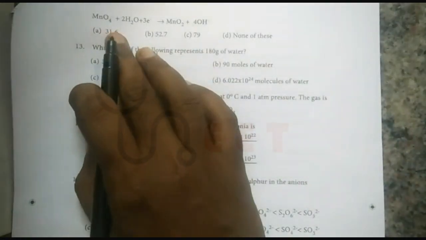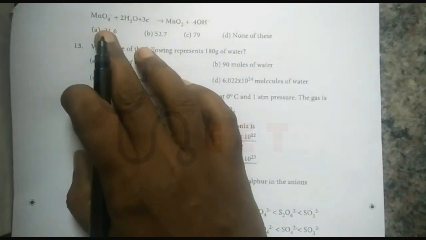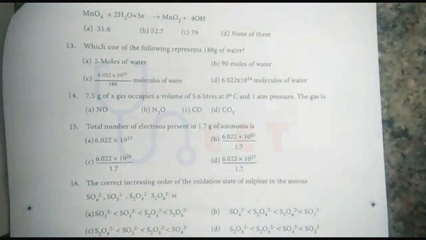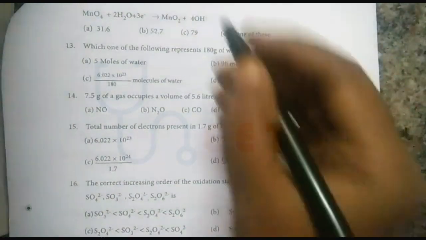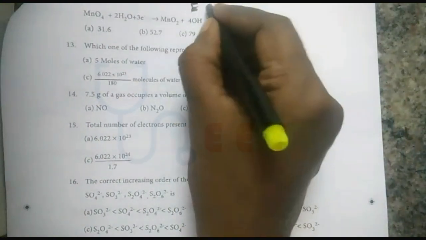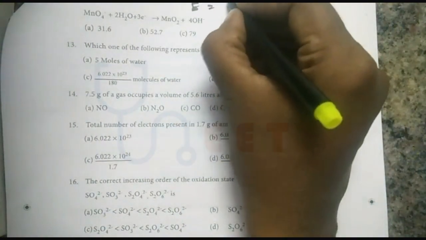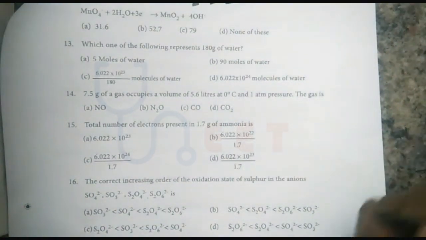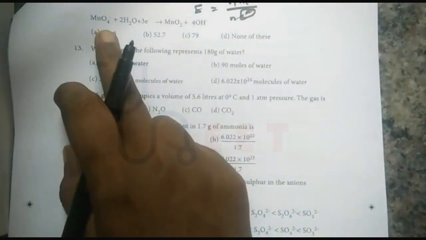In this case, we have to identify the equivalent mass of potassium permanganate. Potassium permanganate is a very good oxidizing reagent. Equivalent mass of an oxidizing agent equals the molecular mass of the oxidizing reagent divided by the number of electrons accepted or the number of electrons released. This formula is very helpful to calculate the equivalent mass of potassium permanganate.